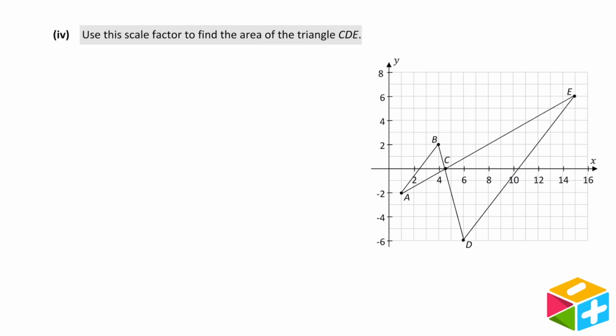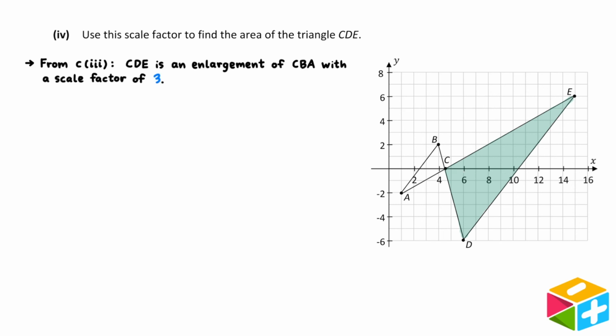Part IV. Use the scale factor to find the area of the triangle CDE. This area corresponds to the shaded region in our diagram. Well, from the previous part of the question, we know that CDE is an enlargement of CBA with a scale factor of 3.